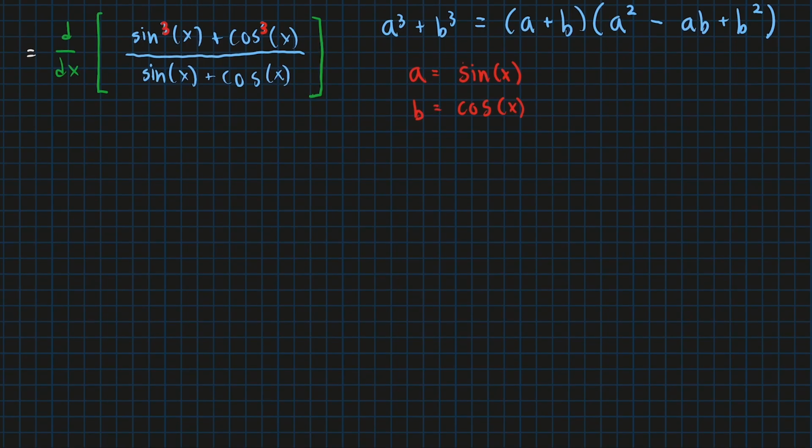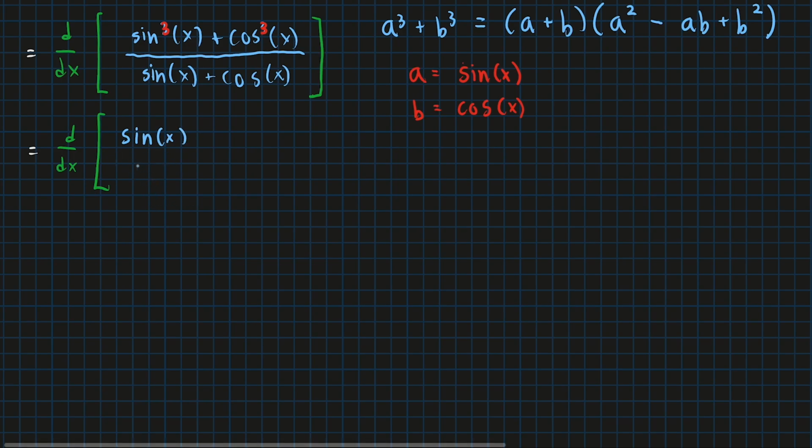So let's write that out. So we have d over dx of, let's see, so we have a, which is sine x. Let me do our fraction line.